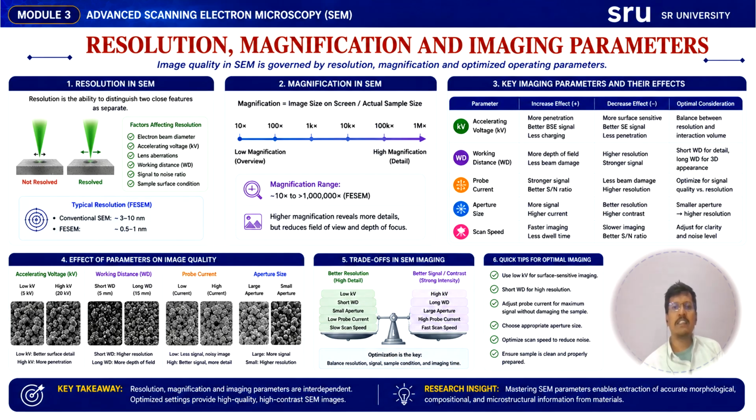Now, let us discuss magnification. Magnification refers to how much larger the image appears compared to the actual object size. Unlike an optical microscope, in the scanning electron microscope magnification is achieved electronically by adjusting the scan area rather than changing the objective lens.